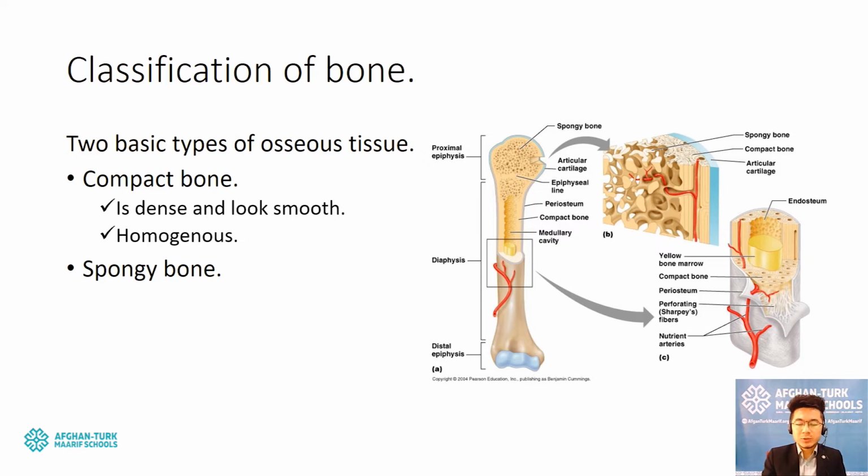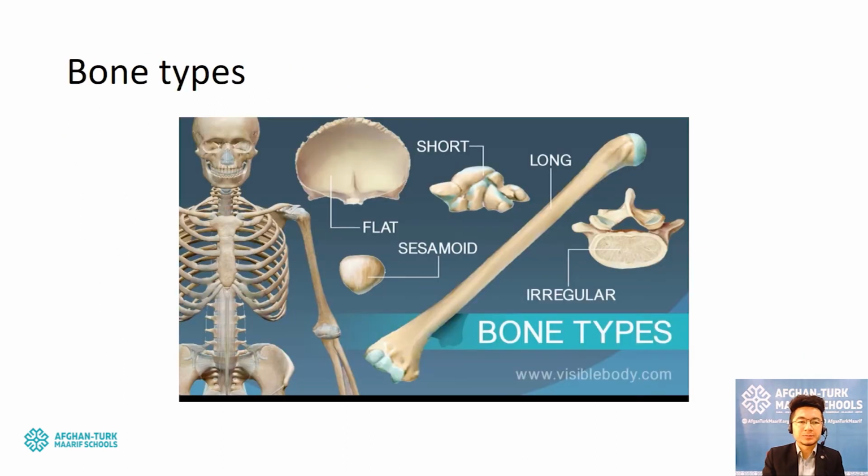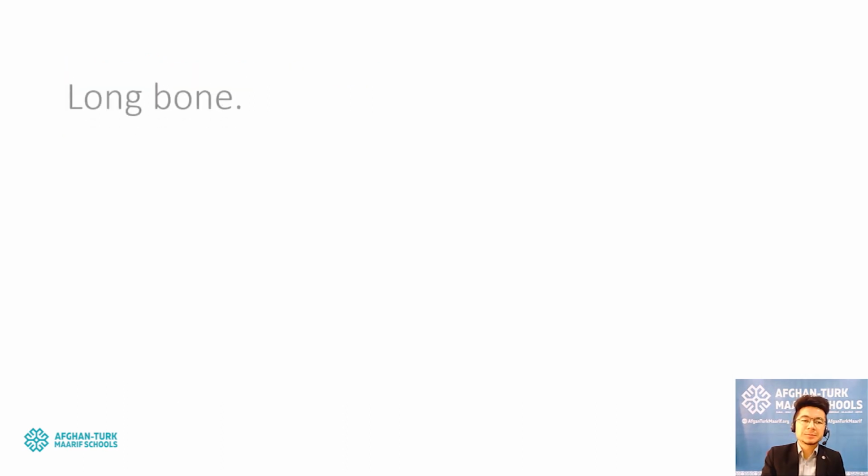And spongy bone is made of small needle-like pieces of bone, and it is not homogeneous. It means it has many spaces and many openings inside the bone, and it is not as strong as compact bone is.